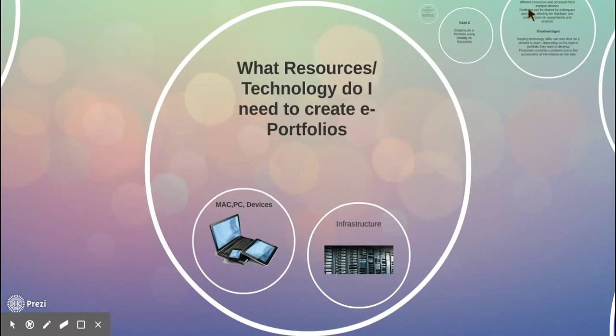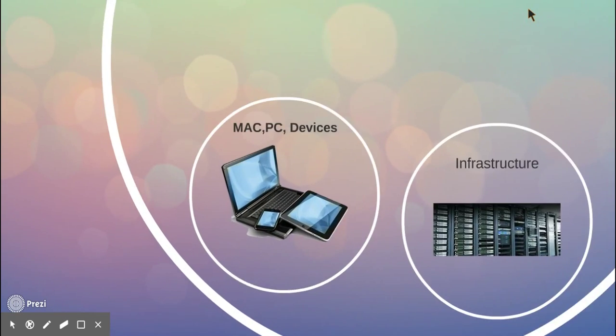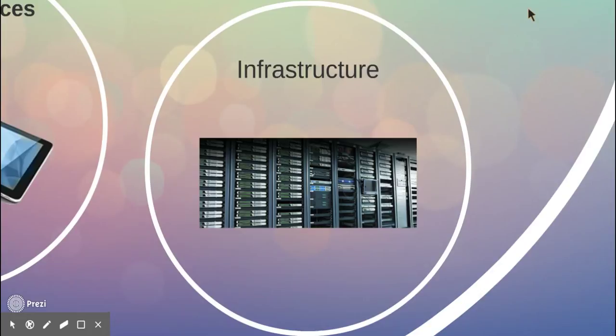So the types of resources you need: a Mac, PC, iPad, Chromebook. That's important. Your infrastructure, especially if you're in the classroom or you're trying to do a school-wide implementation of devices, and your portfolios, let's say, are all due on one day.